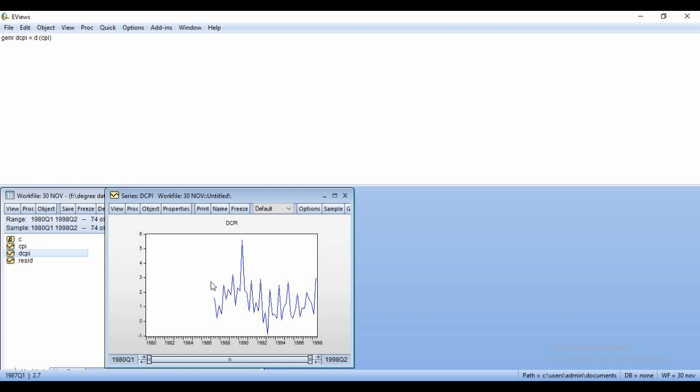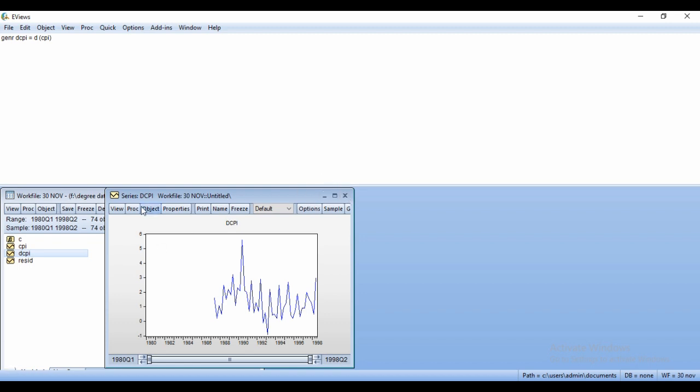What does it mean? It means that its variance, mean and covariance over the period of time is relatively constant. It should be constant for stationarity. Those are the conditions of ARIMA model. So our data is now stationary.